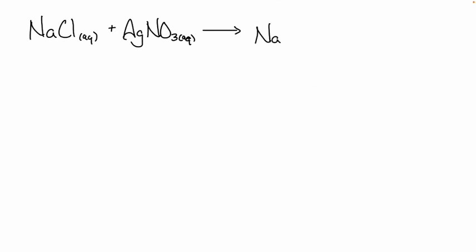You'll get aqueous sodium nitrate, but then you will get a precipitate, solid silver chloride. You mix these two clear, colorless solutions together, and you get this nasty, milky white substance. That white particulate matter floating around is your solid silver chloride that you've created through this precipitation reaction.